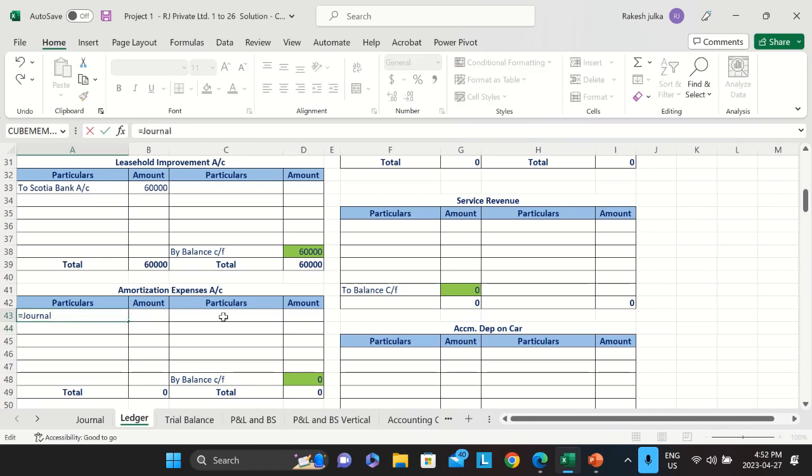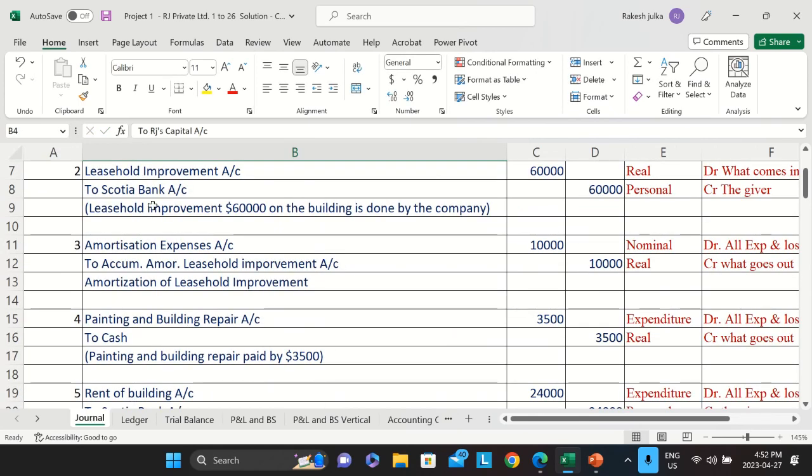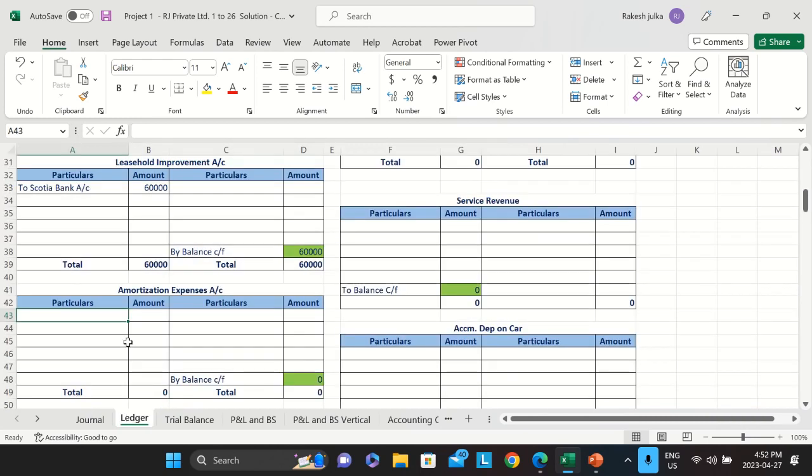If this is big, we can write it manually. So here is amortization to accumulated amortization of leasehold improvement, right? What is the amount here?